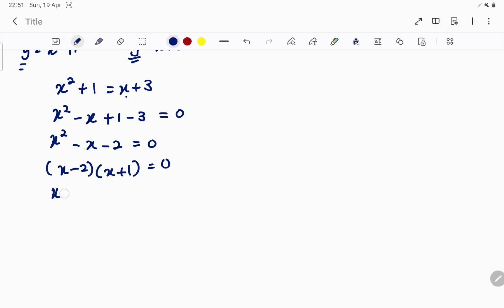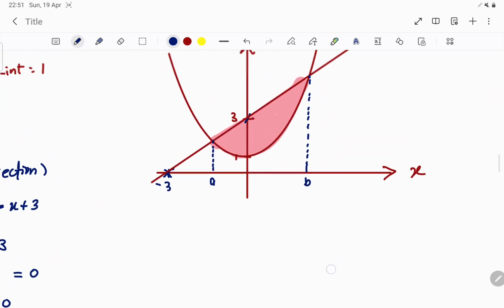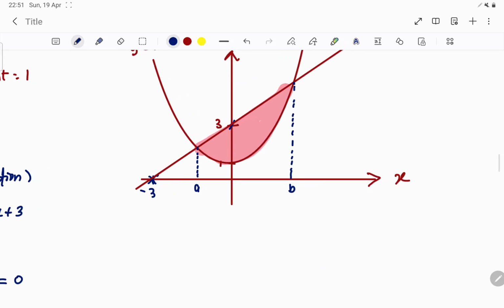Okay, so you separate x minus 2 equal to 0, x plus 1 equal to 0. So your x here is 2, another one is x negative 1. So you got x is equal to negative 1 and 2. So by right, logically, since we have two values, a is negative 1 because it is at the negative region, and then b is equal to 2.